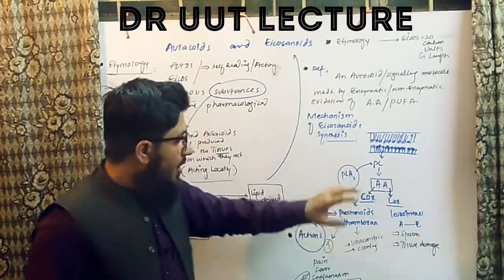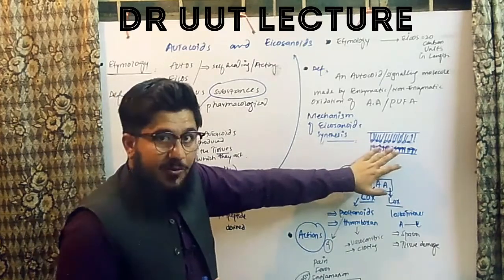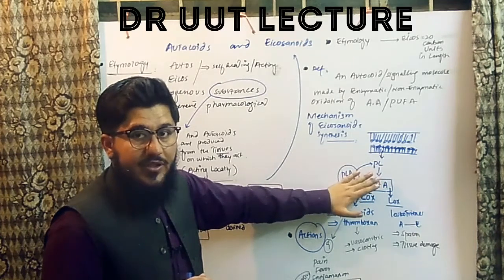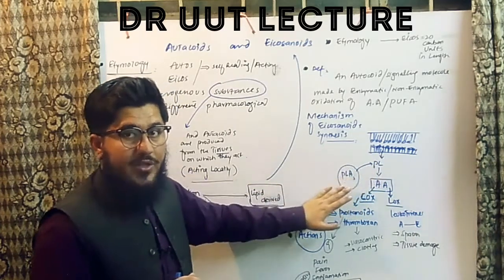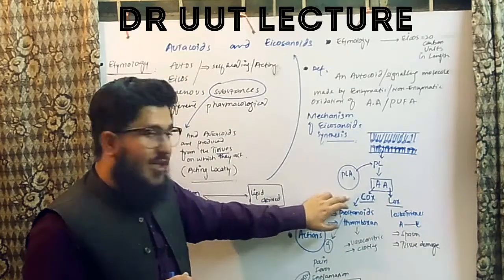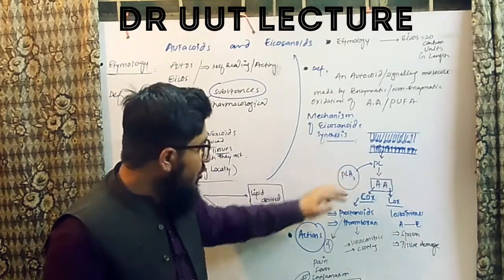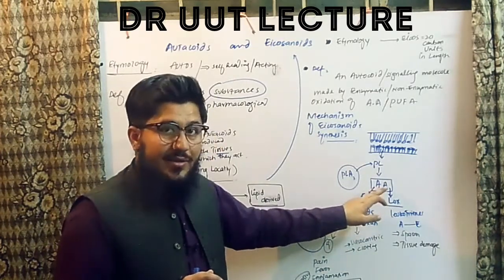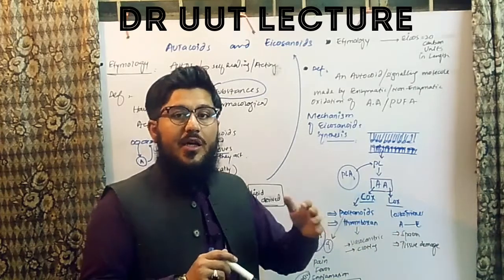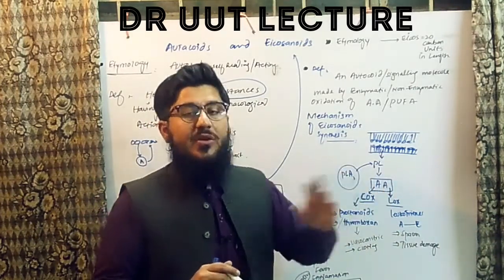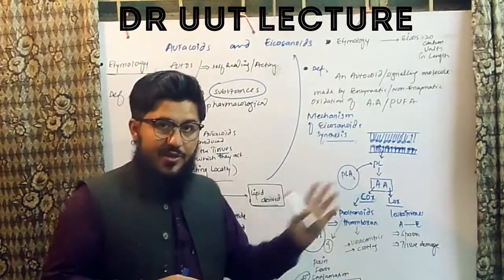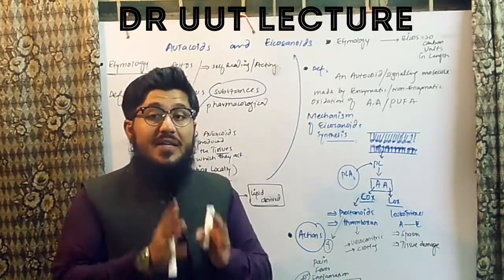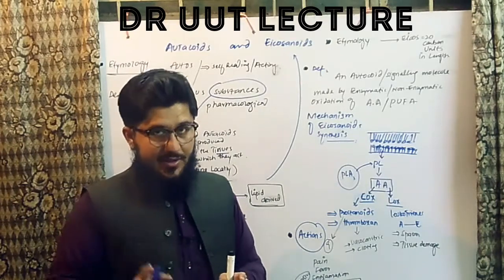If COX interacts with the arachidonic acid, it will produce prostanoids and thromboxane. If LOX interacts with the arachidonic acid, it will produce leukotrienes A4, B4, C4, D4, E4, etc. These prostanoids, thromboxanes and leukotrienes are the eicosanoids.